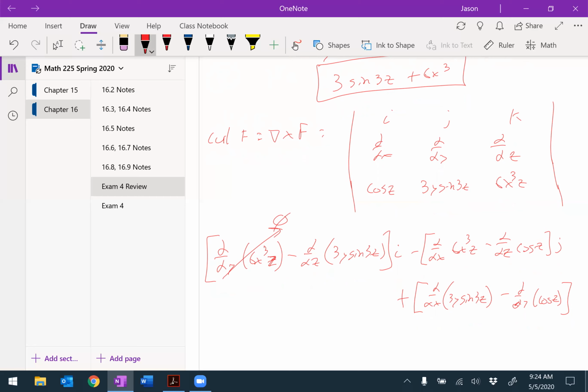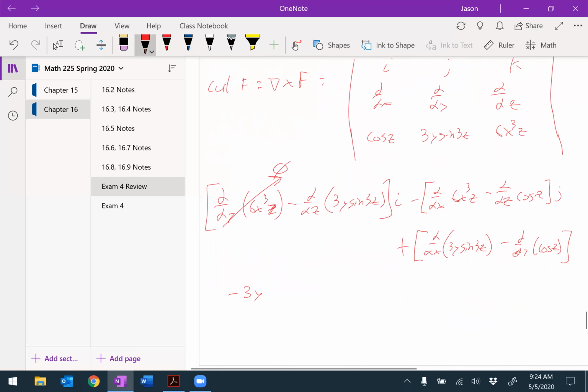Then minus d/dz of this thing: the derivative is going to be minus 3y times the sine of 3z, so that's the derivative of sine 3z, which is cosine 3z, times the derivative of 3z, which is 3, times 3.